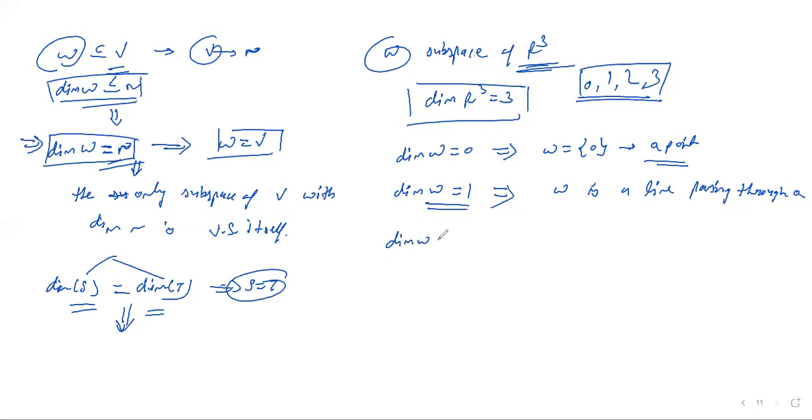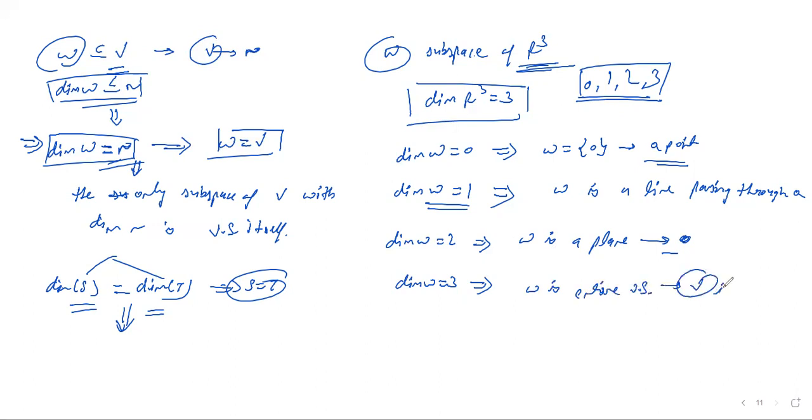And if the dimension of W is equal to 3, then W is the entire vector space, that is, W is the vector space V itself. We have seen here that the dimension of W is equal to n when W is equal to V. So this is what we have done in the concept of basis and dimension. Okay, thank you.